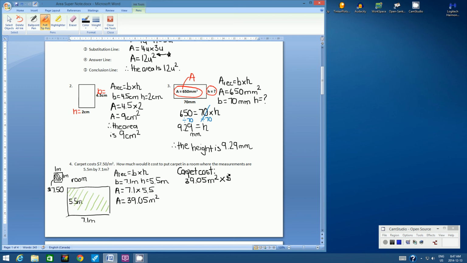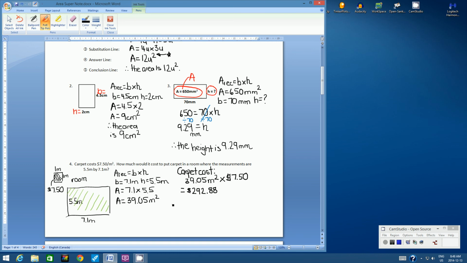So we take our area of 39.05 meters squared and we multiply it by $7.50. So why don't you calculate that on your calculator right now? I got an answer of $292.88. Did you get that answer?